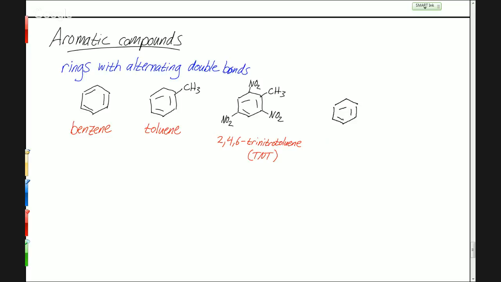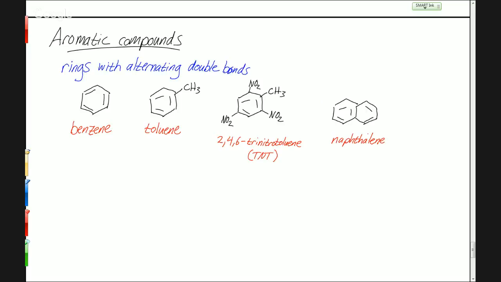If you link two of these things together like this, with again those alternating double bonds all the way around, you get a compound called naphthalene, which used to be used in something called mothballs.